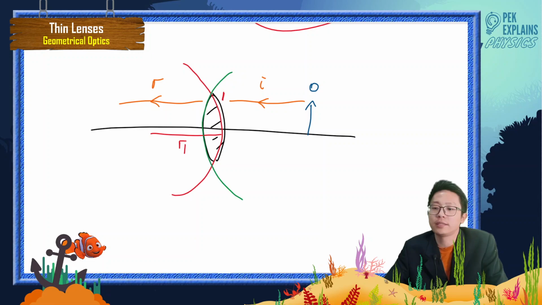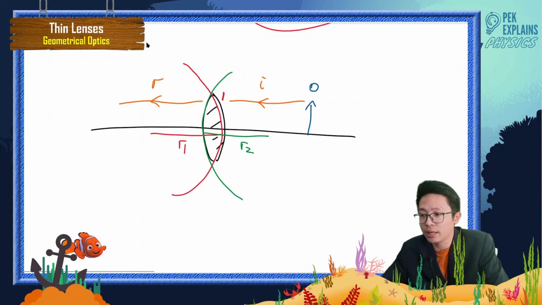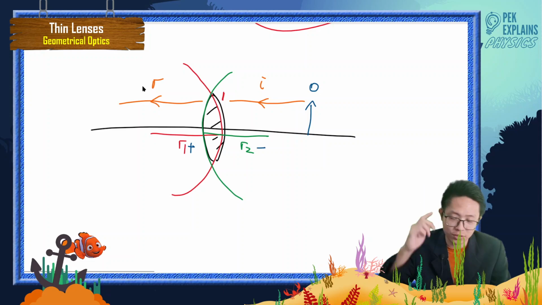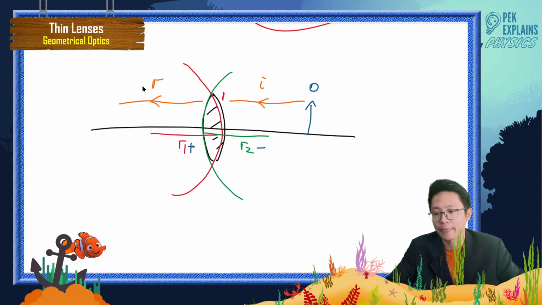This is R2. Understand or not? For this case, R1 should be positive because it is on the same side as the refracted ray, and R2 should be negative because it is opposite to the refracted ray. You see, it is one method used for the whole chapter, for all subtopics. So this radius is opposite to the refracted ray, so it's negative.